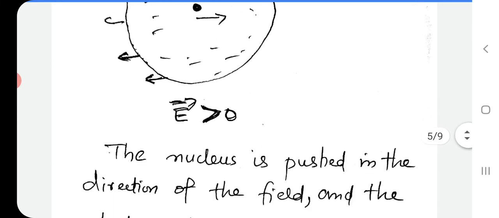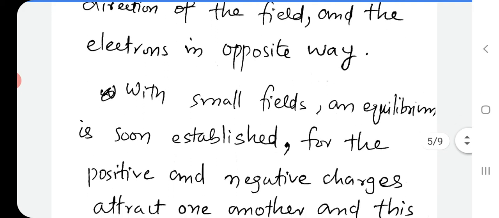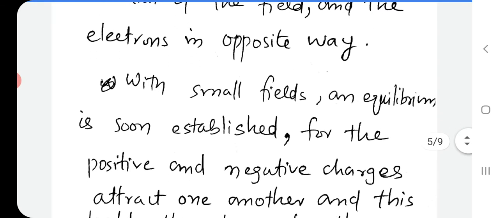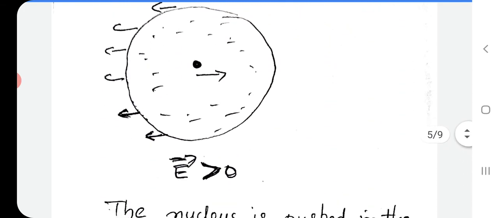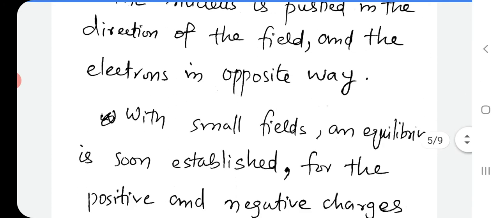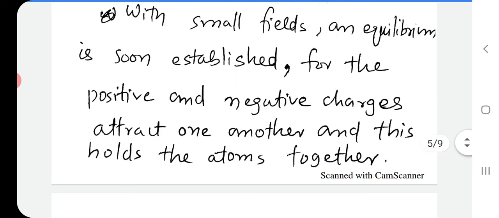If the field is not that strong, if you are considering small fields, an equilibrium will be soon established. The negatively charged cloud is pushed in one direction, the positively charged nucleus in the other, and they attract each other.